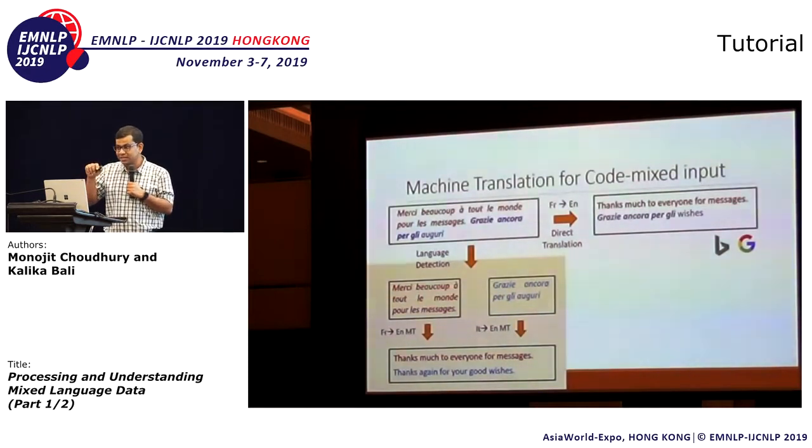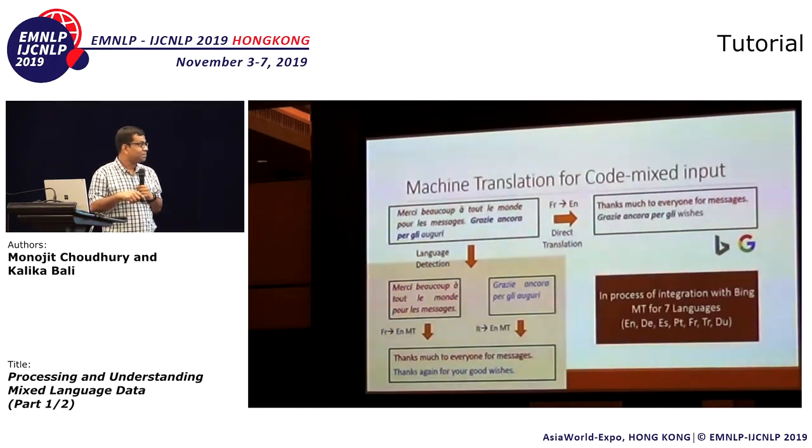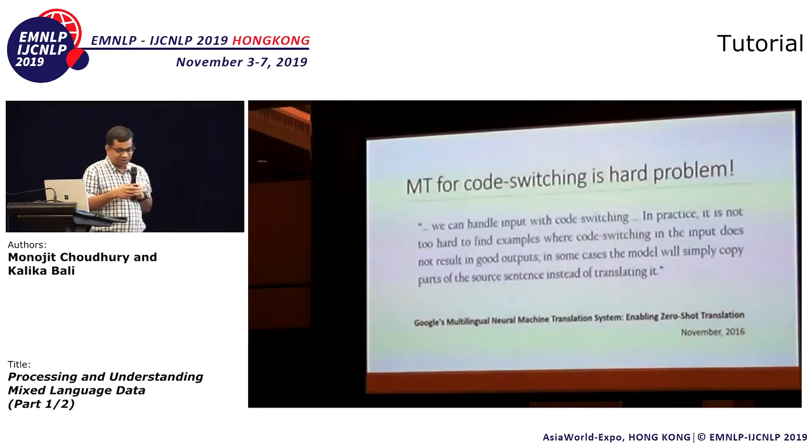French and Italian are mixed, so you translate the Italian into French. So the French-Italian code mix becomes French, translated into your matrix language. Then you apply French to English, instead of doing this in sequence and recombining. We are in the process of integrating 7 languages, and some of them have already been done.